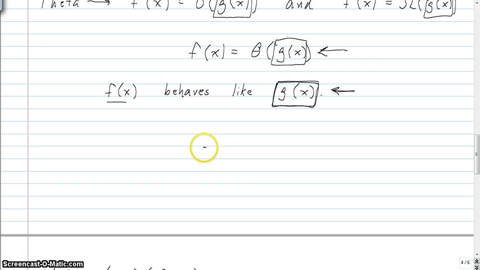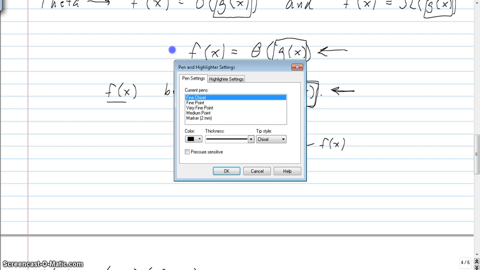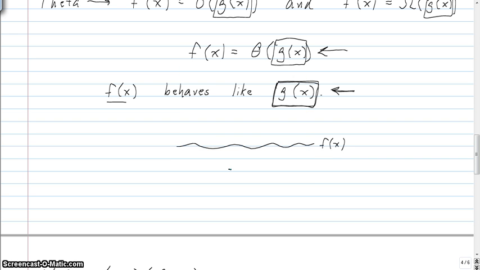Here's your function f. I've gone through these ideas quickly and paraphrased them, but generally this is the idea. You're bounded above by this function g of x, and you're bounded below by this function g of x. Well, then the behavior of f is forced to be in between those two.